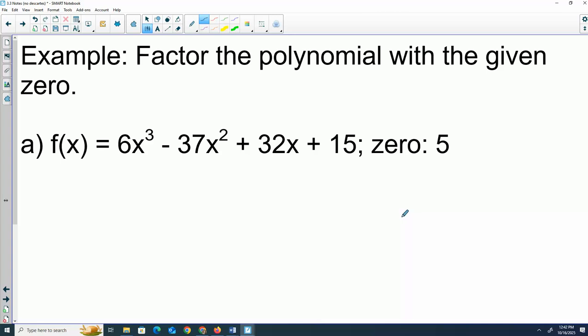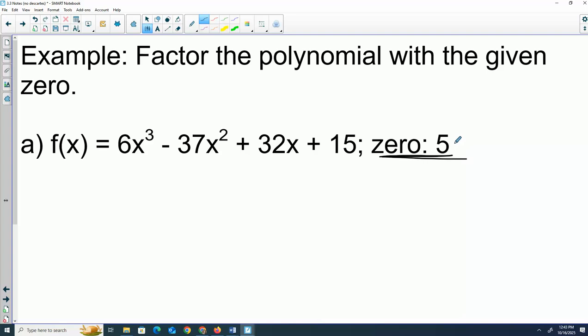So we are trying to get to the point where we can factor more complicated expressions like this. To start with, I'm going to give you a starting point. I am telling you that 5 is a 0 of that polynomial. If 5 is a 0, what does that mean? What would be the factor?